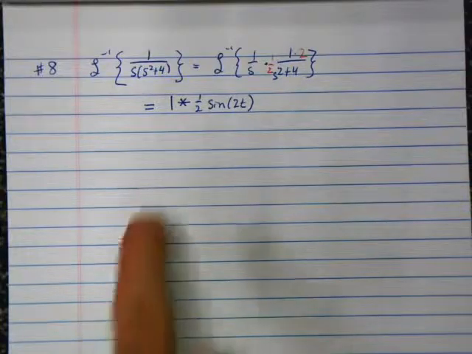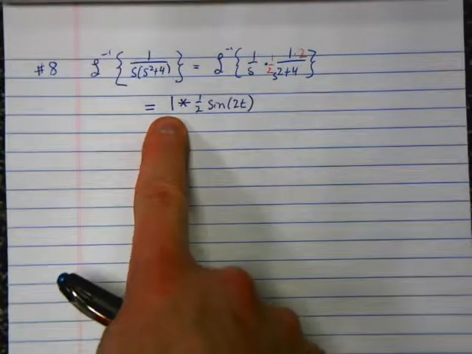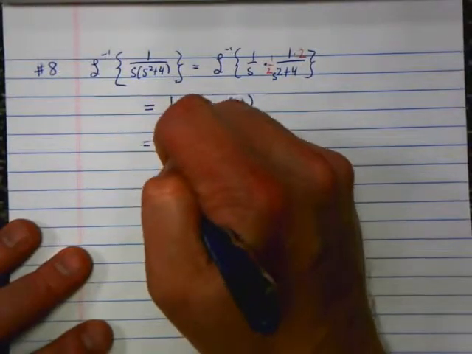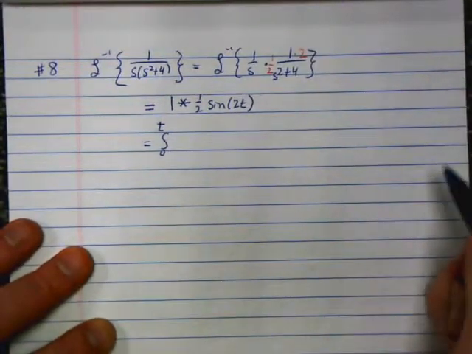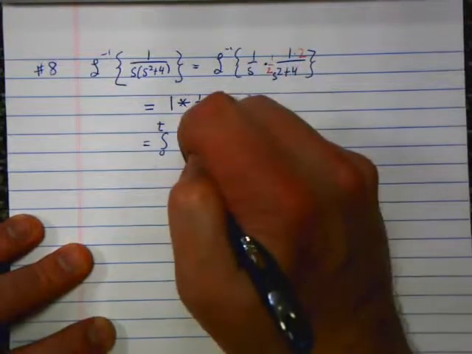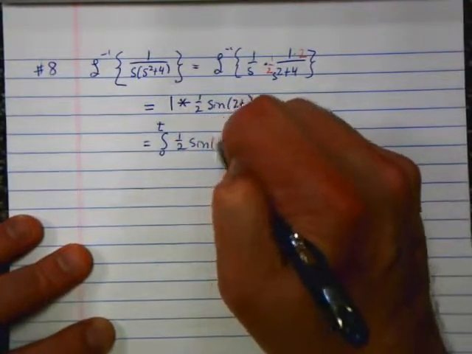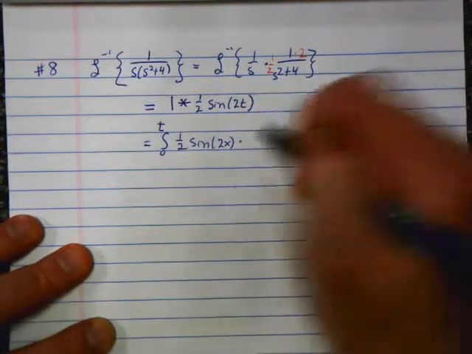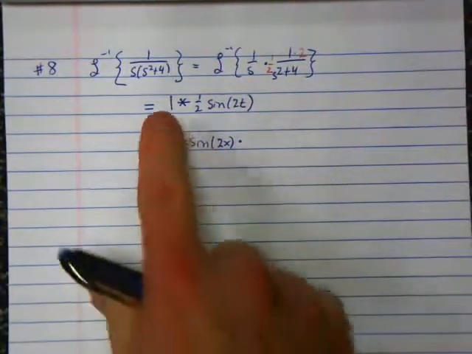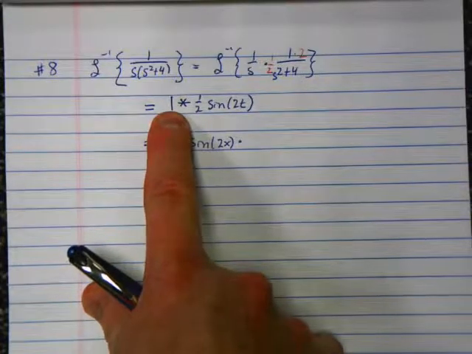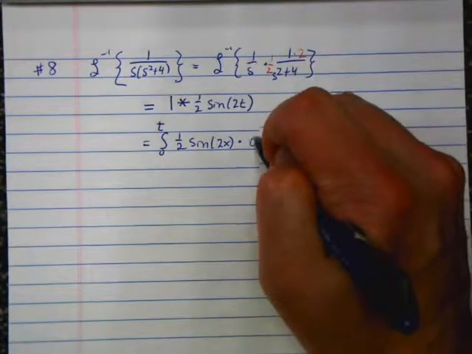So you can make the 1 the g, which means you need to take the integral from 0 to t of 1/2 sine of 2x times, and the beauty of having 1 there is it's just 1, dx.